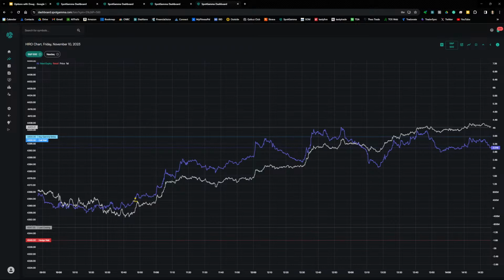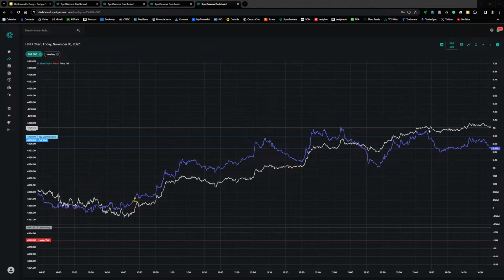All right, so in the S&P 500, this is just showing me what options traders are doing. Right now, they're starting to take negative delta positions, and that is really to be expected at a level that I expect to act as resistance, like a call wall.